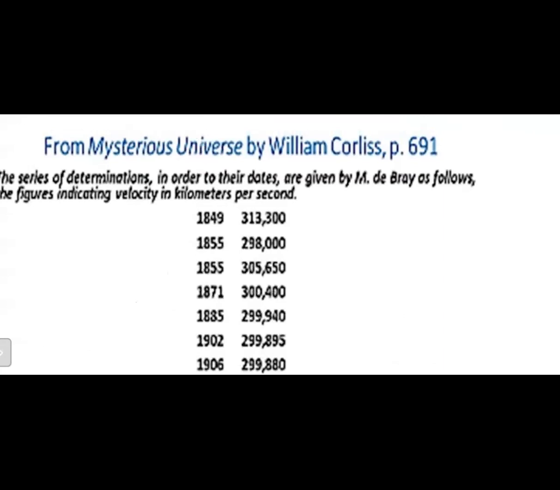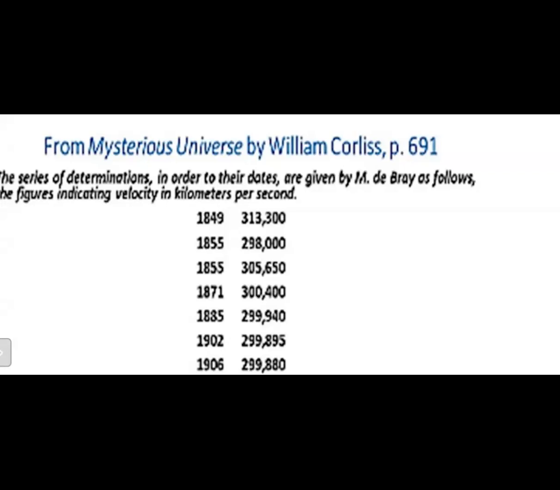So you'll read here, in 1849, the speed of light was 313,000 kilometers per second. But in 1855, it was again measured 6 years later, and it was 298,000 kilometers per second. In 1855, again, it was measured at 305.